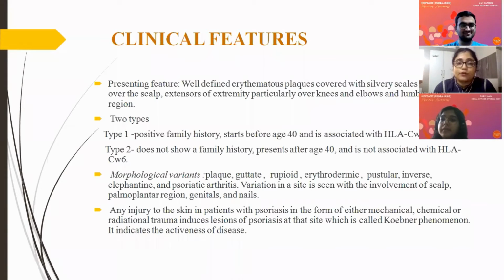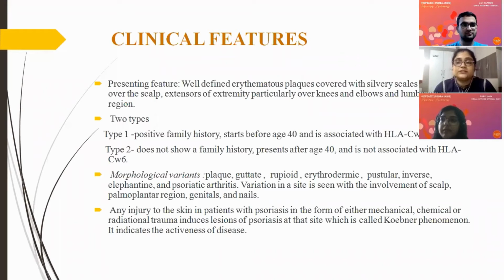Now there are morphological variants. The plaque psoriasis, which we call chronic plaque psoriasis or CPP, guttate psoriasis, rupioid psoriasis, erythrodermic. Sometimes erythrodermic psoriasis can occur as a complication of plaque psoriasis.